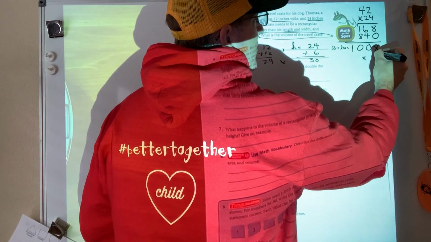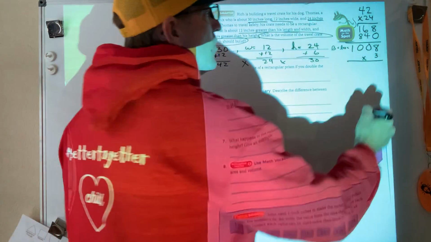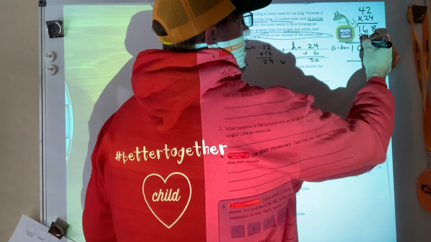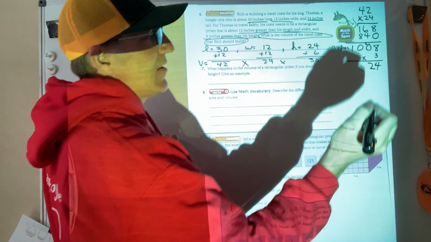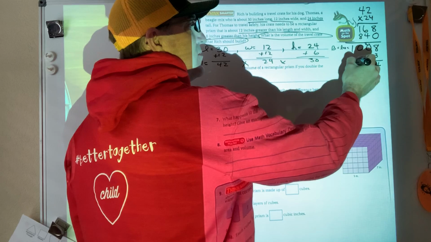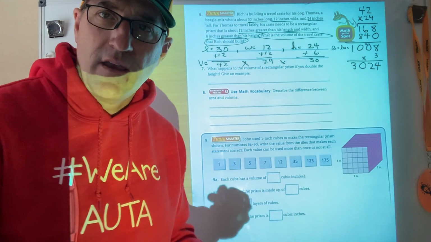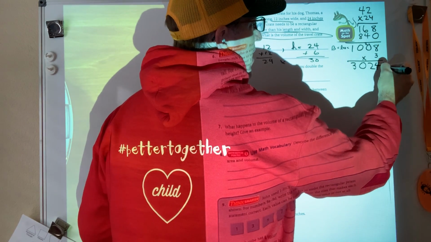So times 3. Okay, 8 times 3 is 24. Carry my 2. 3 times 0 is 0 plus 2, 2. Hey, look, I came out to 24. 3 times 0, 0. 3 times 1 is 3. And then, what did I say? Add a 0. Okay, so add my 0.